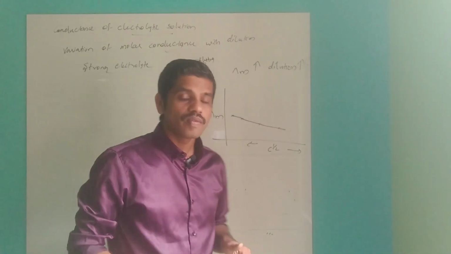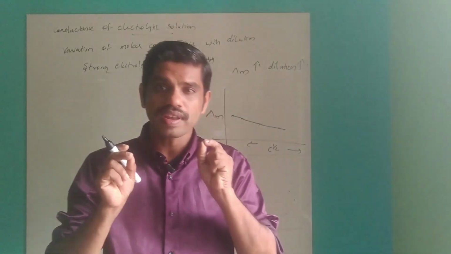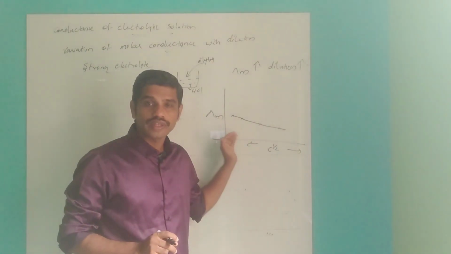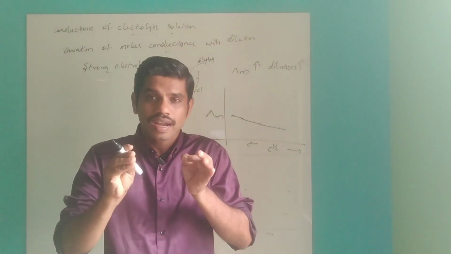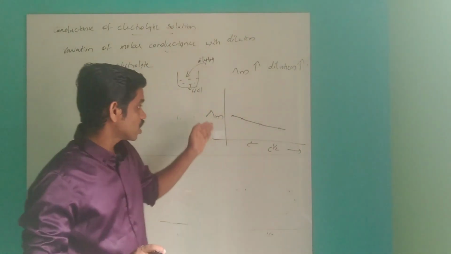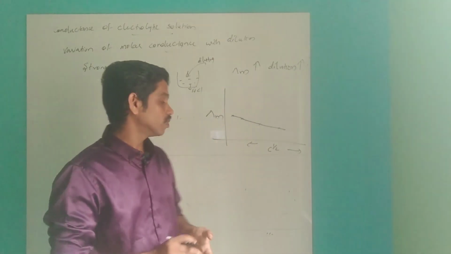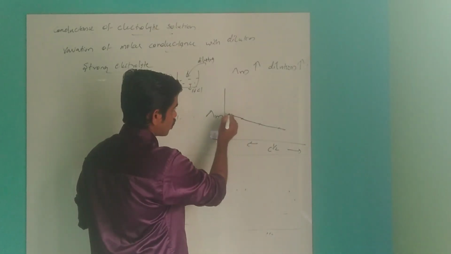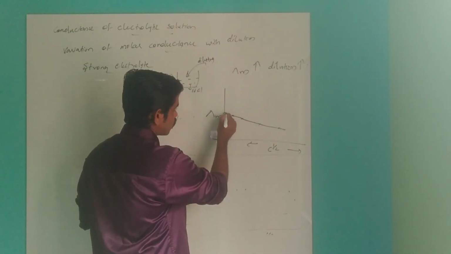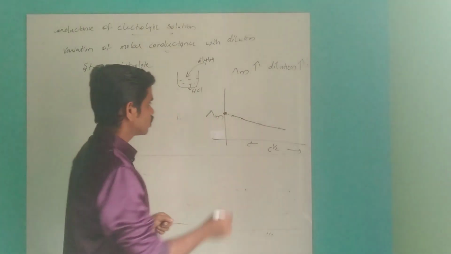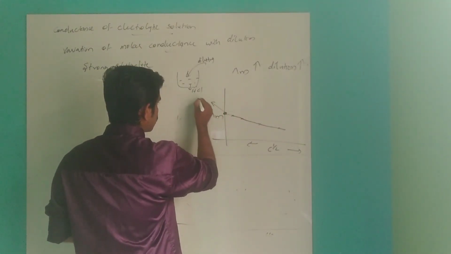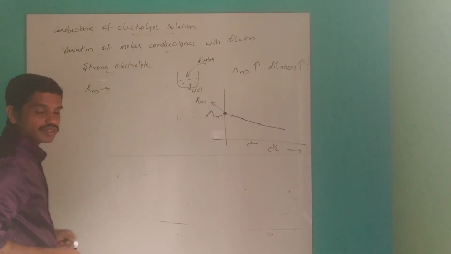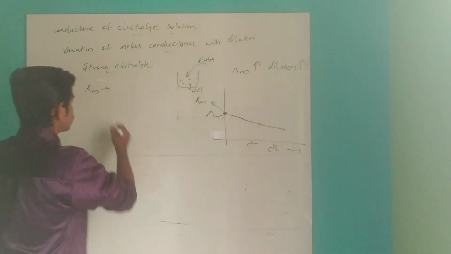So what will be the conductance at infinite dilution? Infinite dilution means maximum dilution, then you are measuring the molar conductivity. Graphically you can find it by extrapolating this line to the y-axis. Here you will get a value and this is called lambda 0 m. Lambda 0 m is an important quantity called limiting molar conductivity.